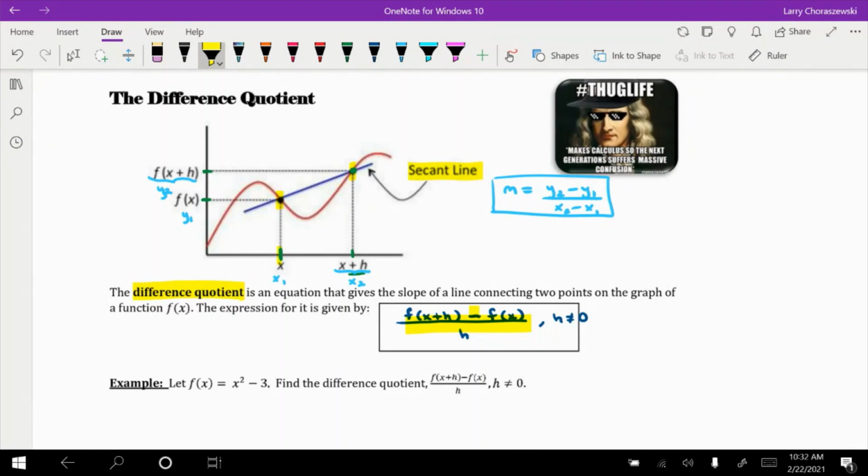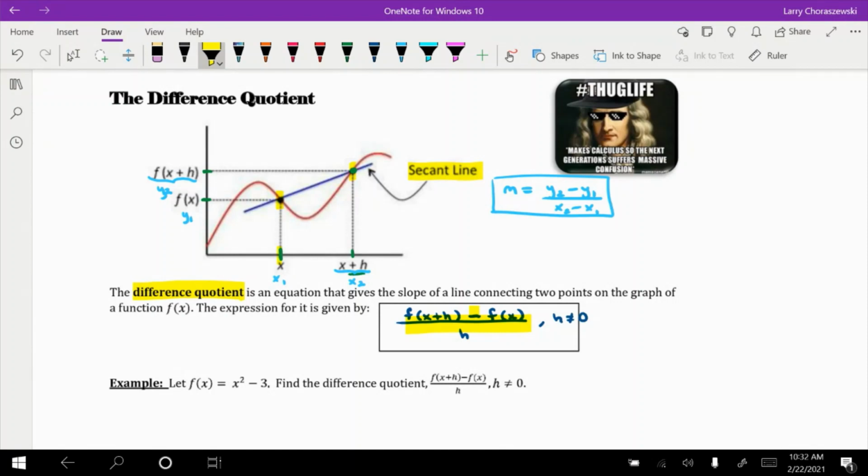And usually what we get from a difference quotient at this particular point in our math sequence is just an expression involving the variables x and h. Sometimes you get a single solid number, but don't be surprised if you're working a difference quotient problem and you get a generic looking expression as your answer.